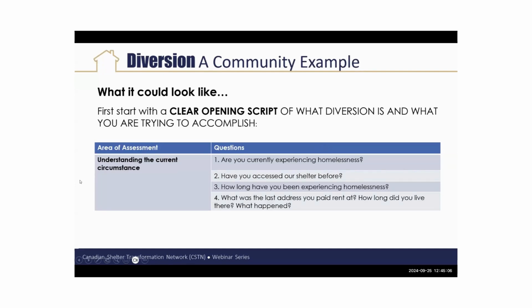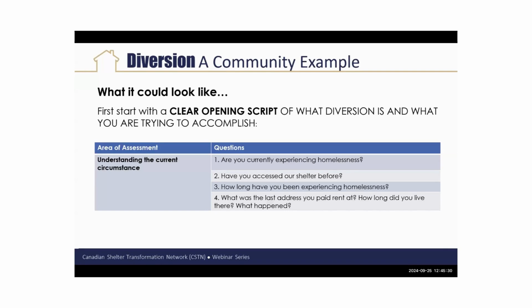It's a quick intake and they're in, whereas diversion does take a bit more time of your staff. But we know that we can have successful diversions. And if we're able to avoid somebody entering the homelessness system, they have a much higher chance of not ever entering the homelessness system again.